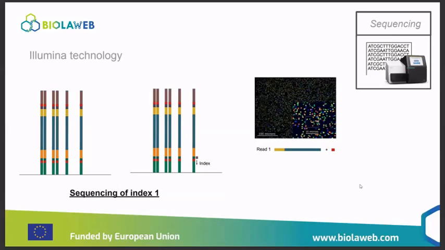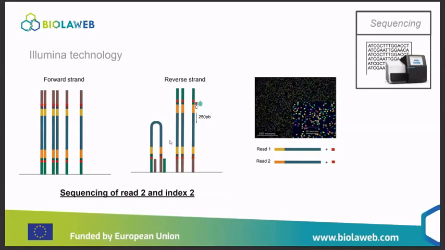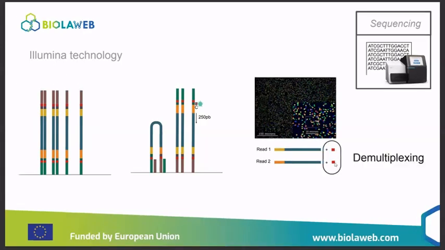It is also at this step that you sequence your index. And then you do the same thing, but for the reverse strand. And so you get read 2 of your amplicon with 2 indexes. And those 2 indexes are used for what is called demultiplexing.